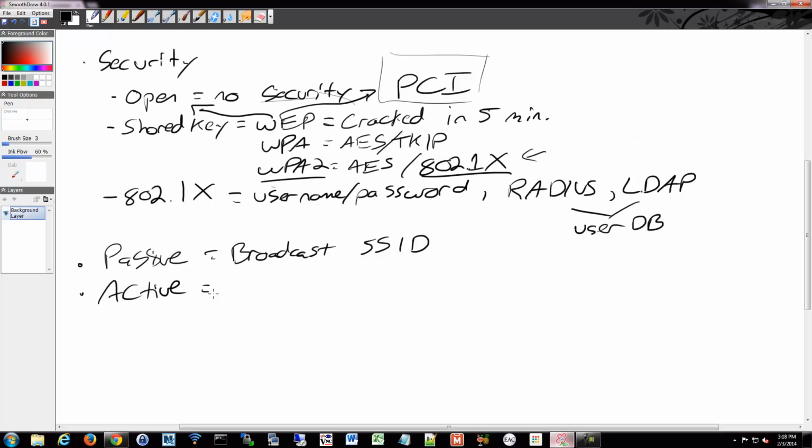Active mode is the client needs it all configured. You need to input the SSID, you need to put in the security mode that you've chosen, you need to put in the passwords, you need to put all that stuff in there. And most likely the SSID is not broadcasted, which really is not a big security improvement, because if someone's sniffing the wireless area, they'll be able to tell that people are communicating on this SSID anyway.